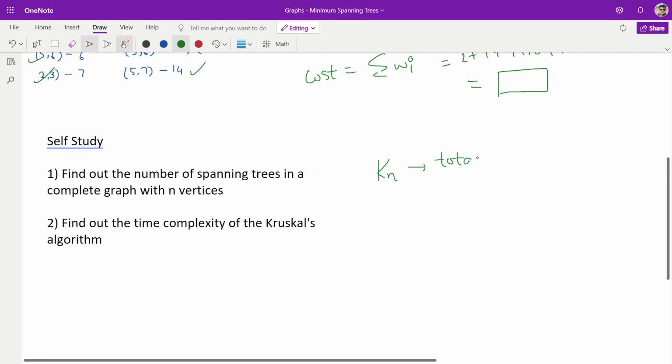You do not have to find the minimum spanning tree, because in most cases that will only be one. In this case, you have to find all possible spanning trees for this connected graph Kn. Kn basically means this graph has n vertices. The other thing that you have to learn by yourself is the time complexity for this particular algorithm. These two facts I'm leaving to you as a part of self study.